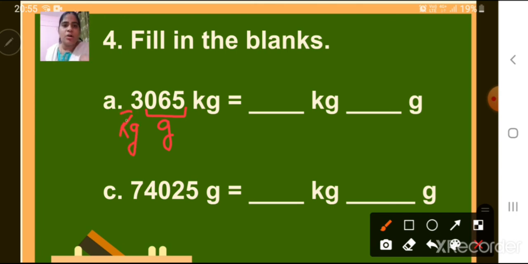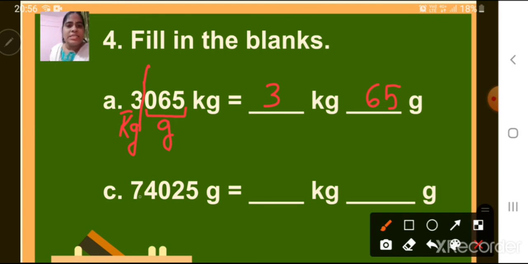So you can just draw a line here, okay. See here, the last 3 digits are ones place, tens and hundreds. After that you can just draw a line so that you can understand how many kgs are there and how many grams. So your answer is 3 kg and 65 grams. Same here also children.